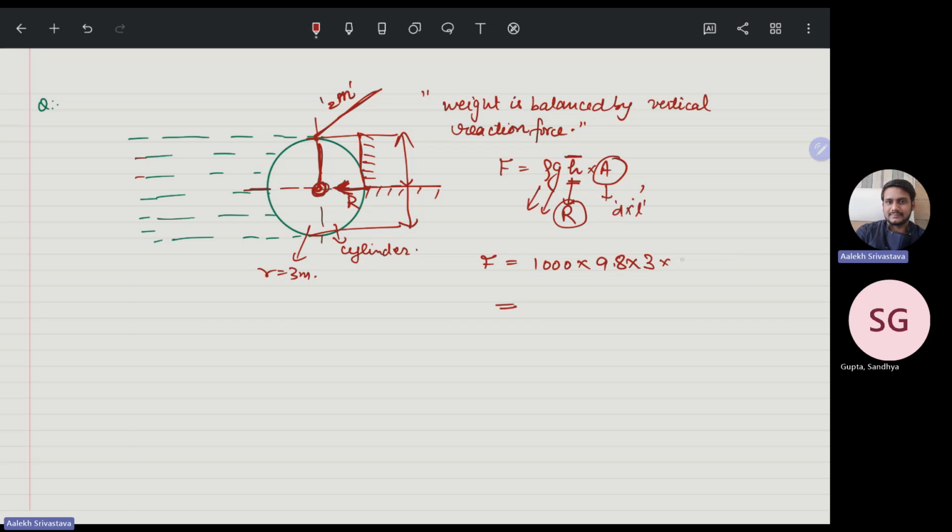So it is 2 into 2 into 2. Sorry, I think this is also 3. So 2 into 3 into 3. So it is 9 to the 18. So if you directly solve it, we will get around 530 Newton. So this is the force in the horizontal direction, and we need to take the projected area.